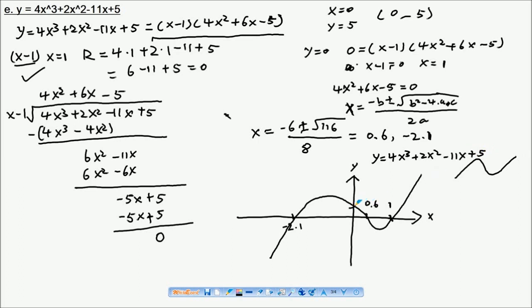The y-intercept is 5. The domain is x belongs to R. This is our final answer there.